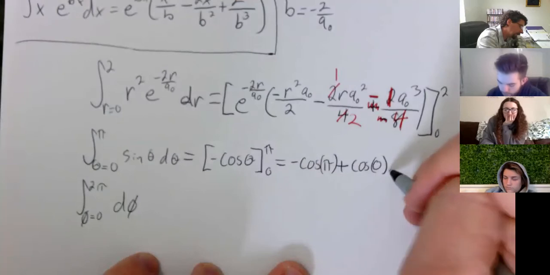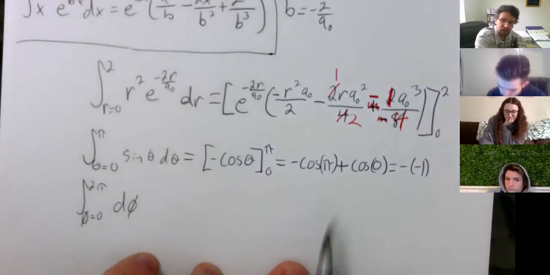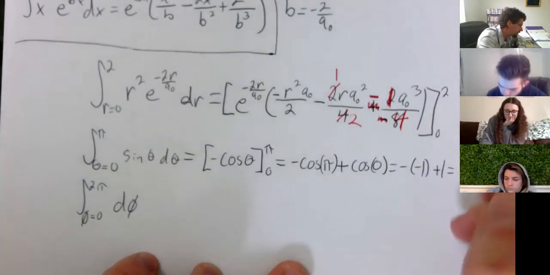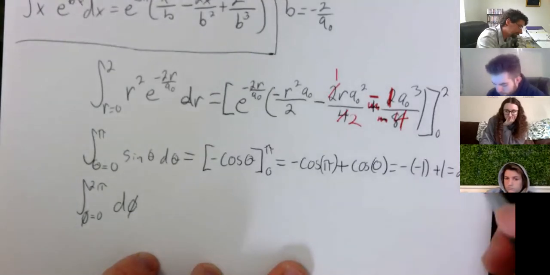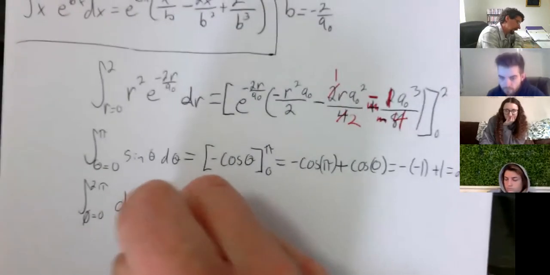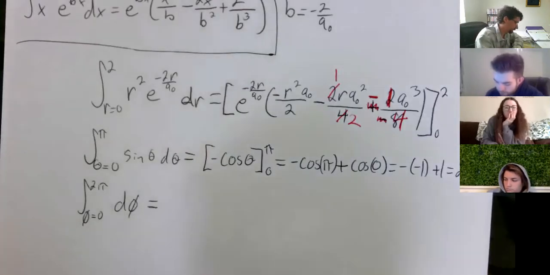So we got negative negative 1, cosine of 0 is 1, for a total of how much? 2. Okay, d phi. What are we going to get out there? 2 pi minus 0.